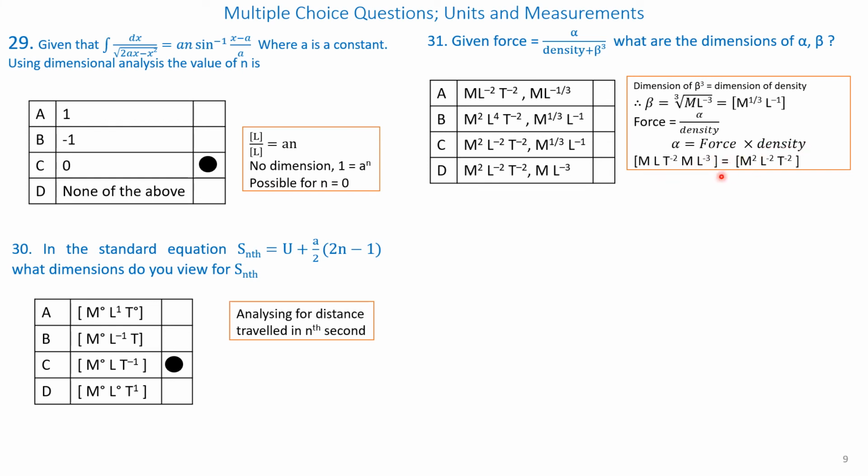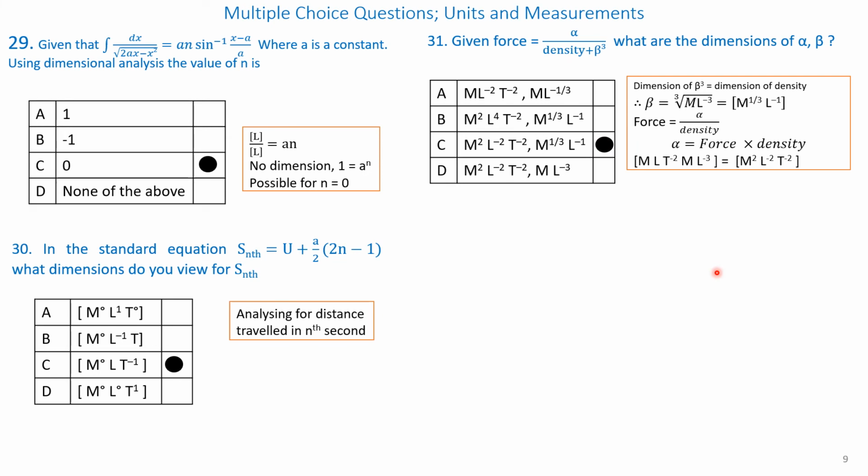Density is, you have to remember, m into L to the power of minus 3. Simplifying, we get m square L to the power of minus 2 and t to the power of minus 2. Therefore, alpha is m square L to the minus 2 and t to the power of minus 2, and beta is m to the power of 1 by 3 and L to the power of minus 1, which is given in option C. So option C is the correct answer.